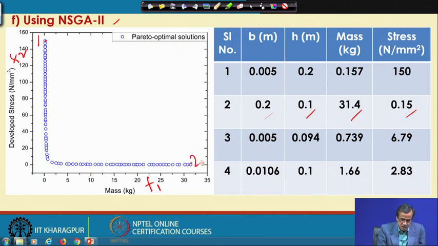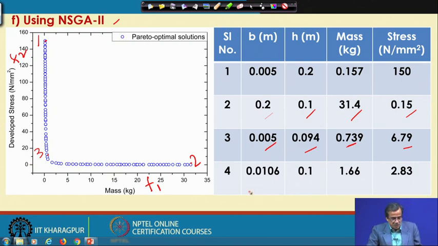So, this could be the second solution. Then comes solution 3, B is 0.005, H is 0.094, mass is 0.739 and the stress is 6.79. It could be here, this is your point 3.